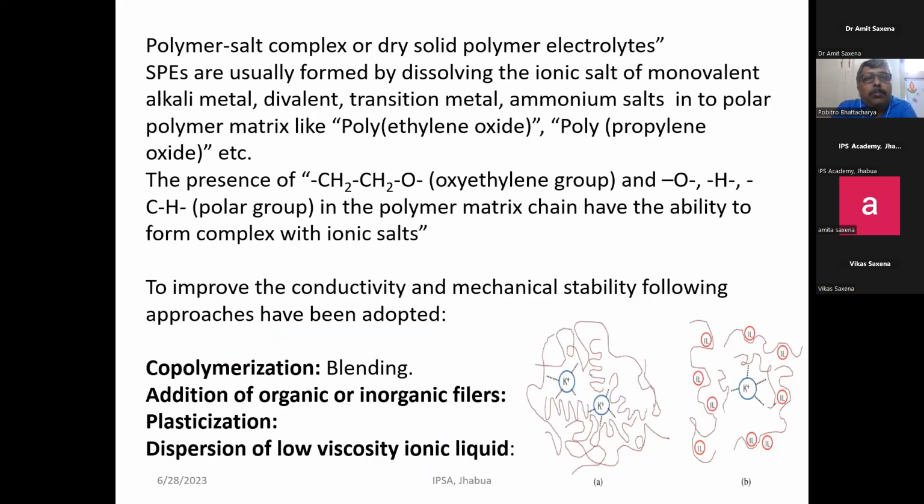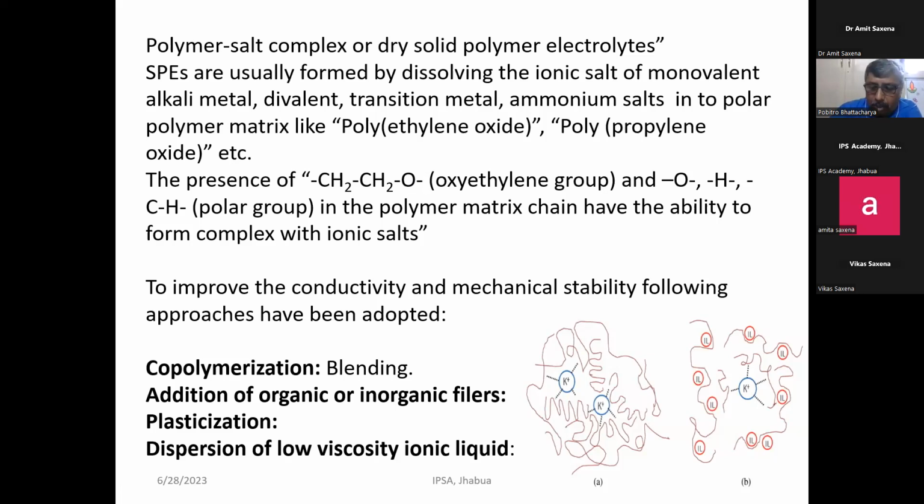When we talk about the polymer salt complex, the most common example that comes to mind is polyethylene oxide, where we have a chain something like this, CH2, CH2O, and there is this ether group which is available. This ether group allows the cation of the salt that we add to attach.